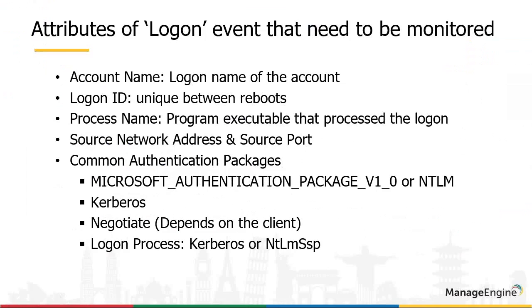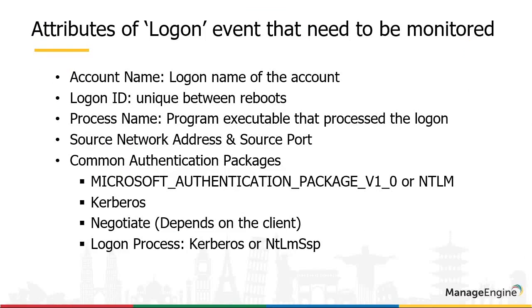That's a network logon. In that event, the source network address, which is going to be my machine's IP address, and the port could help us as well. And common authentication packages are some of the fields that I can show you in the security log event.